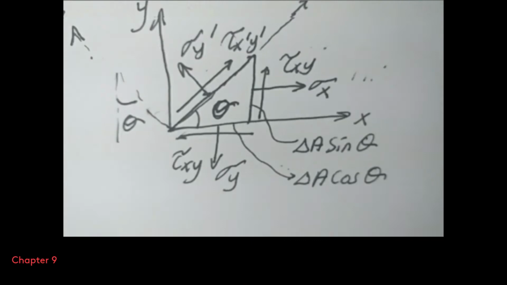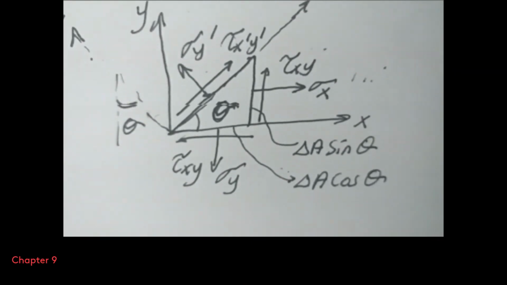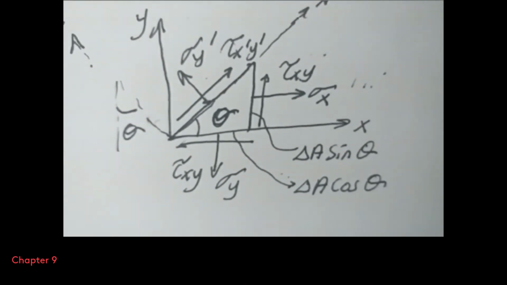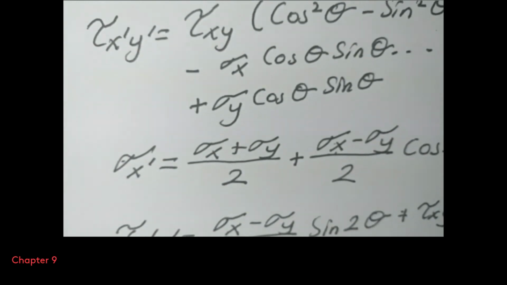Now again we can write static equilibrium for this configuration. We already calculated the tau x prime y prime, so we just need to calculate the sigma y prime.